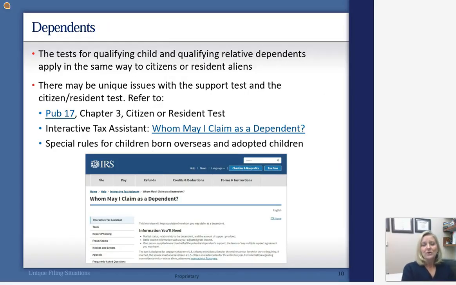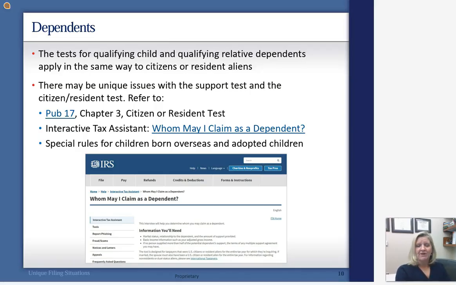Okay, who can be claimed as a dependent? The test for qualifying child and relative applies the same way to citizens and resident aliens. It is important for you to note that many times I will have non-residents come in and want to claim their spouse as a dependent because their spouse is a dependent on their visa.